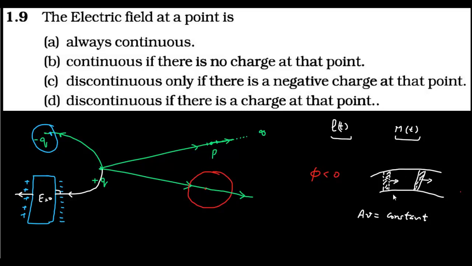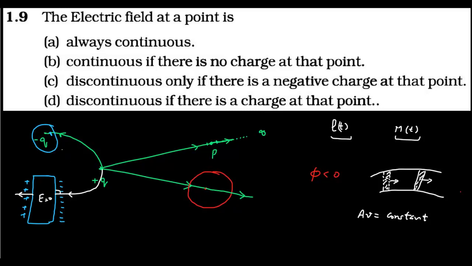Just like the flow of fluid here, we have a flow of field lines everywhere around a charge distribution. If there is no charge present in a space, the field lines will always be continuous, and they are discontinuous only if there is some charge present.